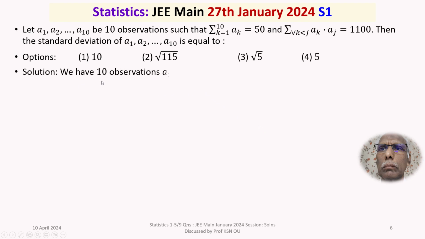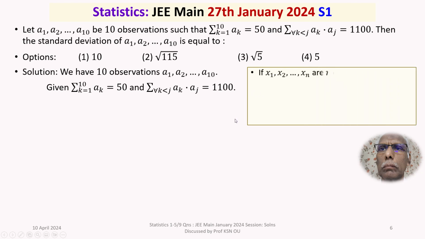We have 10 observations, A1, A2, ..., A10. We are given the sum of these 10 observations as 50, and the sum of AK AJ, where the sum runs over all k less than j, is equal to 1100.